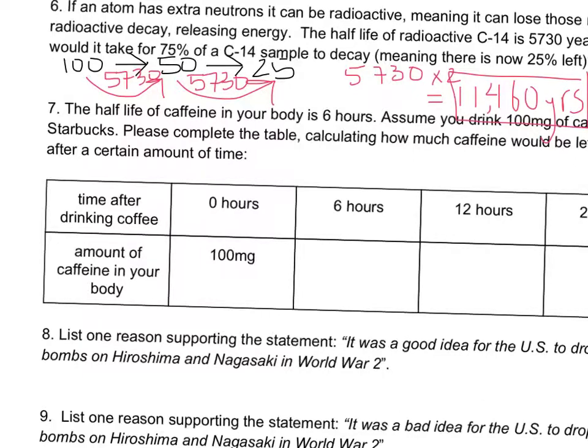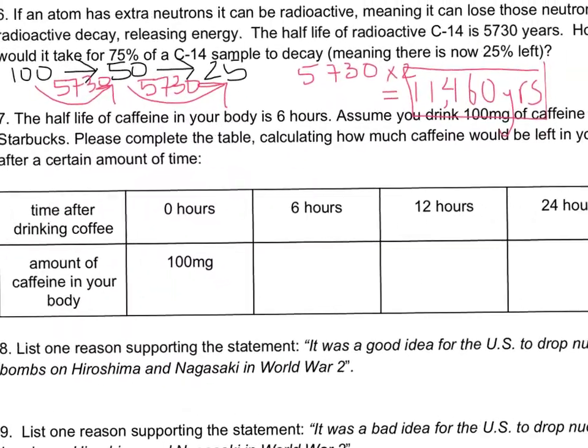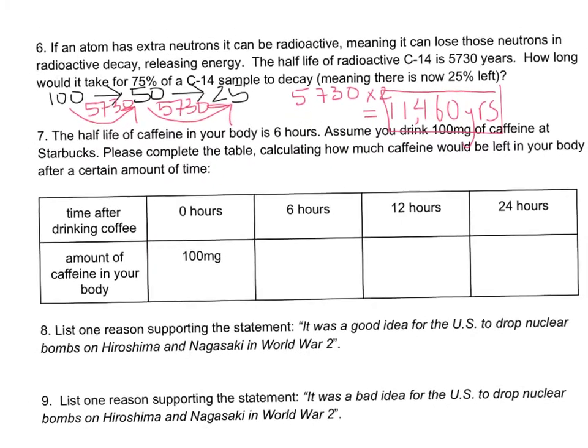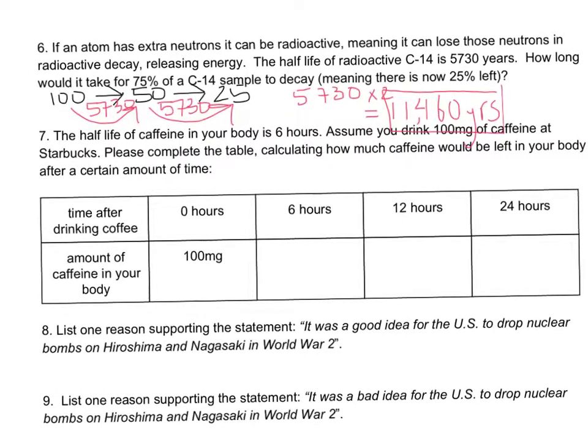Okay. Question 7. The half-life of caffeine in your body is 6 hours, so this is similar to the homework question we had. If you assume you drink 100 milligrams of caffeine at Starbucks, please complete the table calculating how much caffeine would be left in your body after a certain amount of time. So, you have a cup of coffee, let's say there's 100 milligrams of caffeine in it. 6 hours later, half of that will have decayed, or your body will have basically broken down those molecules and got rid of them.